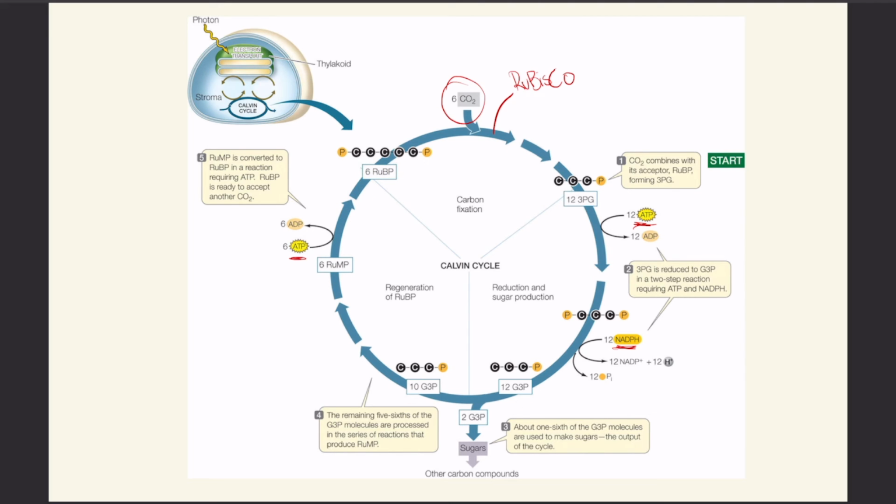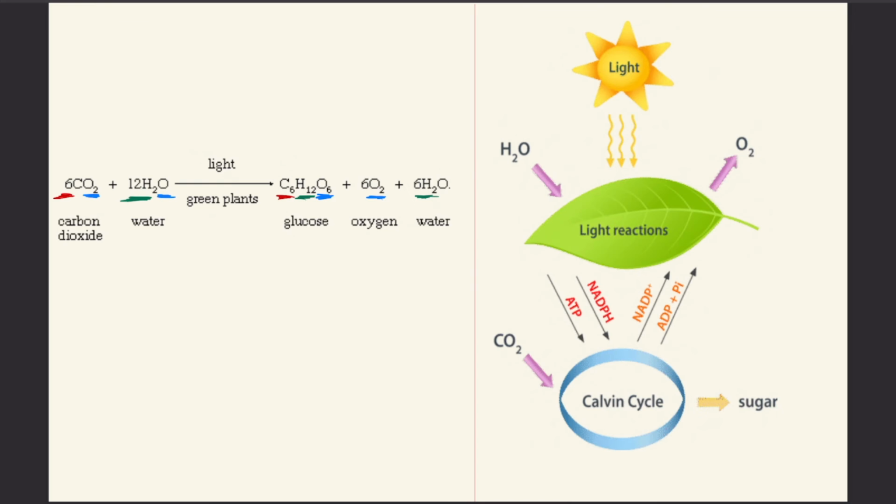It keeps going. So each cycle goes through and uses one carbon dioxide at a time. And it just keeps going and going, and that's what produces sugar, and also is what uses the energy from the light reactions. So these are the steps of photosynthesis. You have the light reaction and the Calvin cycle. You have sunlight, which is used to power the whole thing.